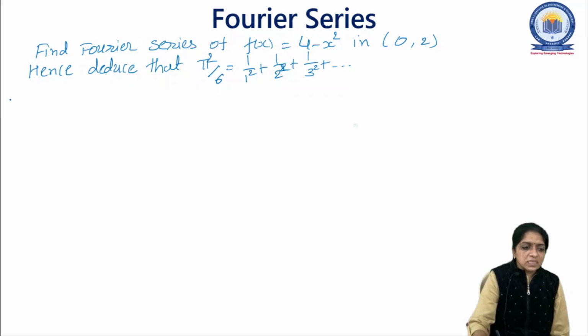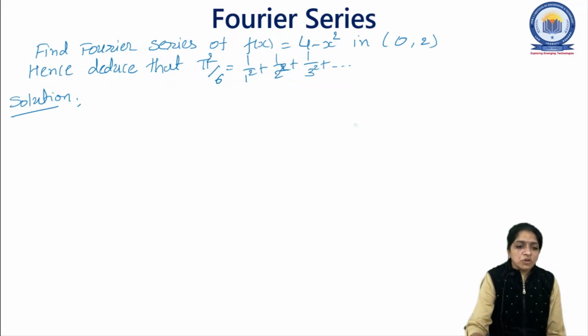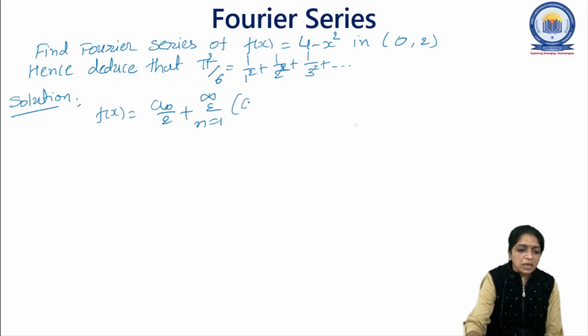Okay, so let's start the solution. The generalized formula for the Fourier series with the period 2L, as our given interval is 0 to 2, is f(x) equal to a0 by 2 plus summation n from 1 to infinity of an cos(n pi x by L) plus bn sin(n pi x by L).